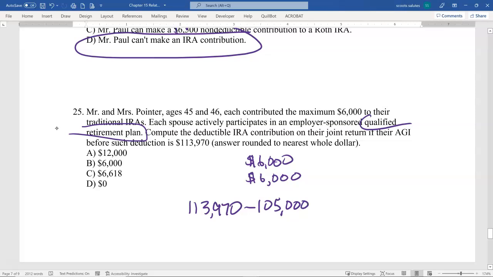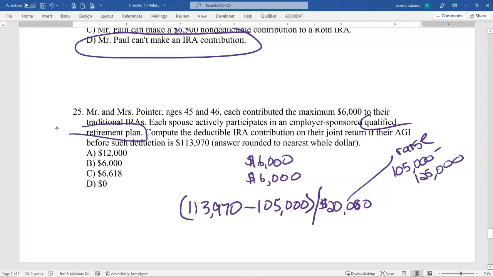That is actually over the limit of $105,000. So what you're going to do here is take the difference and divide it by $20,000. I can't remember if that's directly in the formula they give you, but the reason you're dividing it by $20,000 is the range of the phase out is from $105,000 to $125,000. So that's a $20,000 range. You want to find out how much over the beginning range they are, and what percentage that is of the total range.